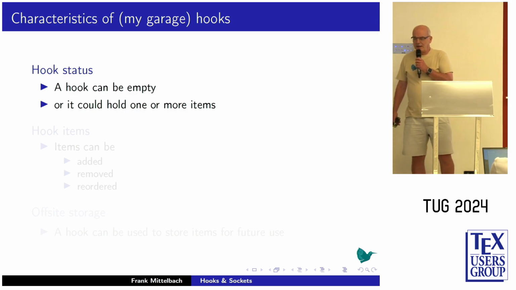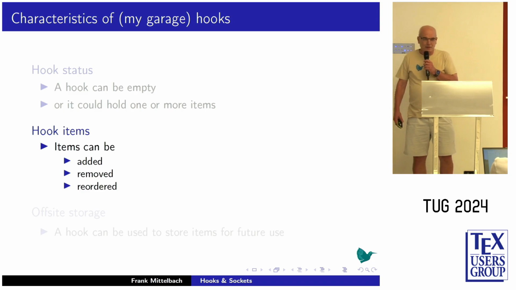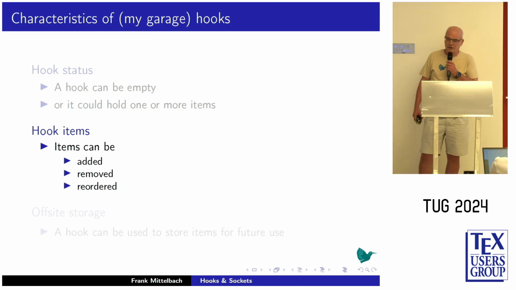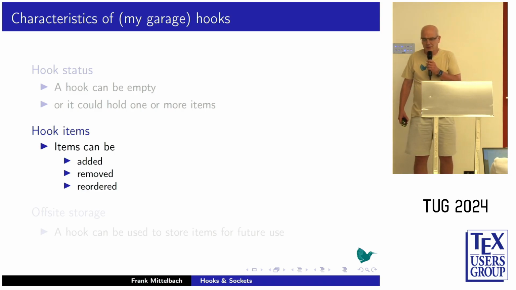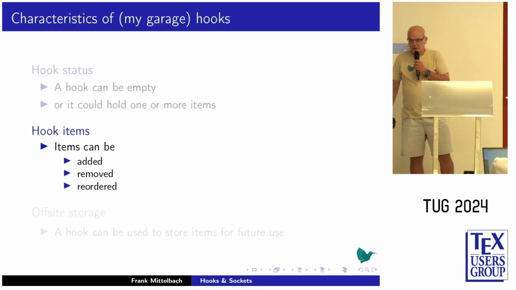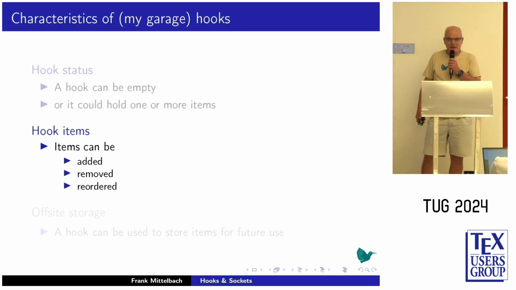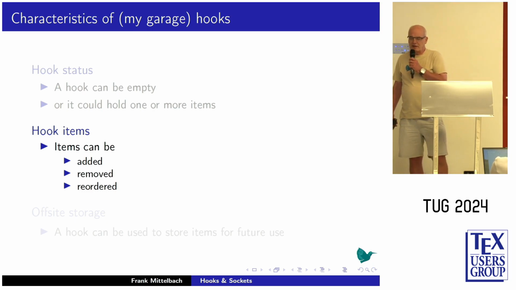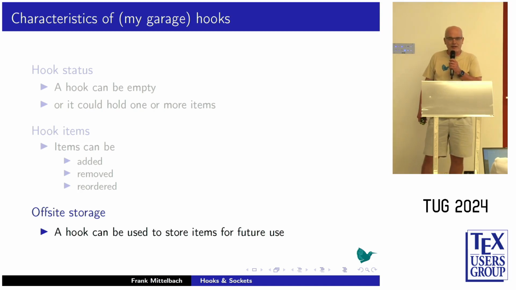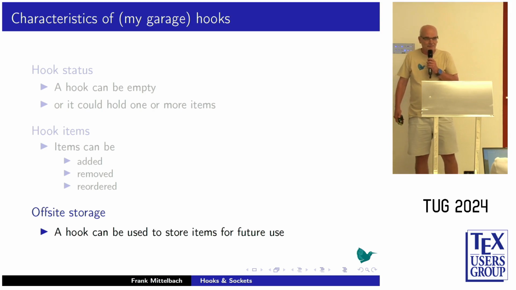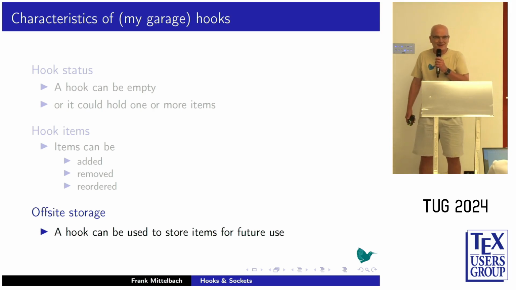You can add items to the hook, you can remove them again, and you can possibly reorder them the way they are on this hook. And one other characteristic of such garage hooks is that you basically store items that you possibly don't need now, but later, or never ever. They still sit there.